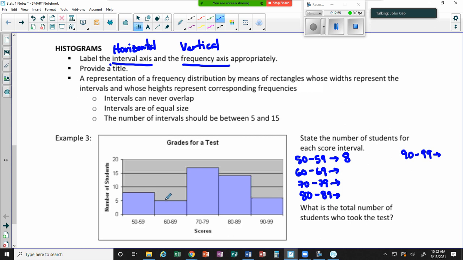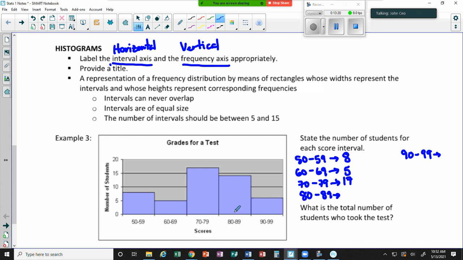Yeah, if I go straight across here, that would be 5. Marking these up can't hurt, if you're not for sure. What about 70 to 79? I would say about 17, yep, 17.